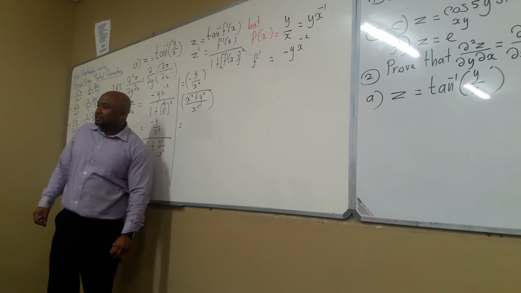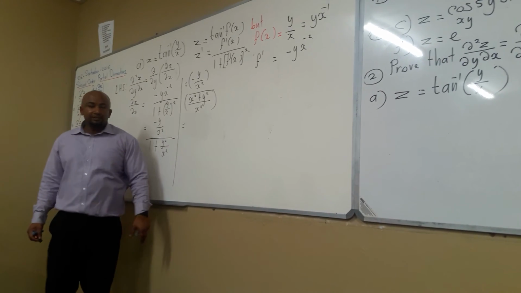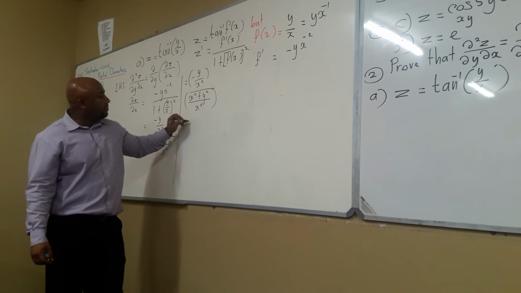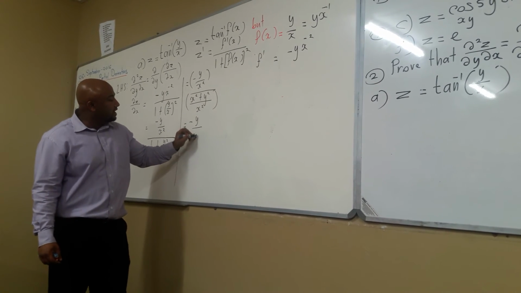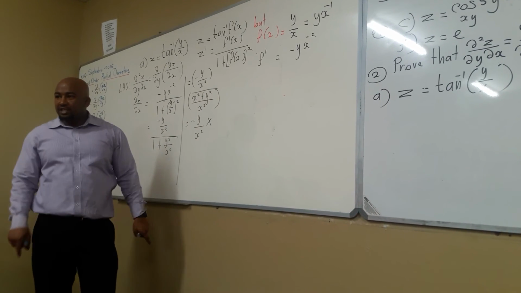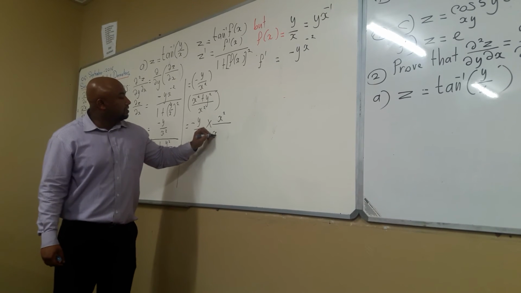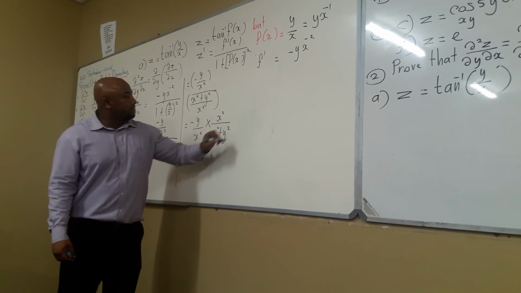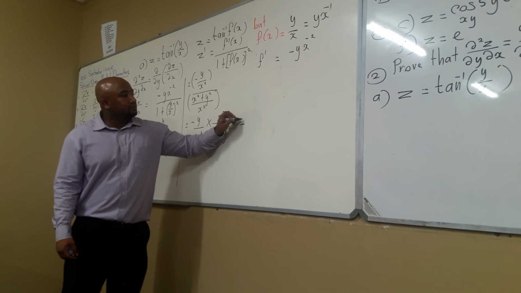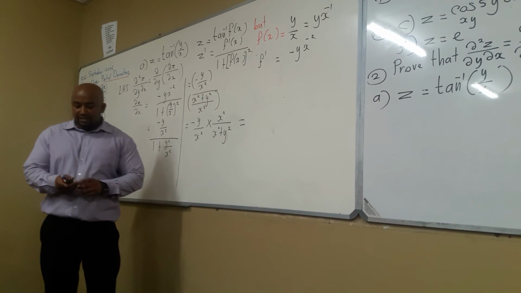What do I do next? I have a fraction divided by a fraction. So I copy down the top fraction, which is minus y over x squared. Invert the bottom fraction and multiply, which is x squared over x squared plus y squared. And then, now you can see what happens here.